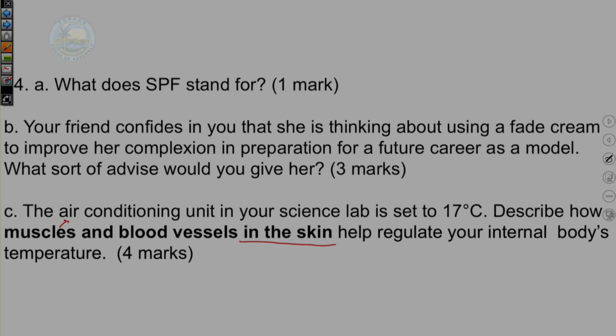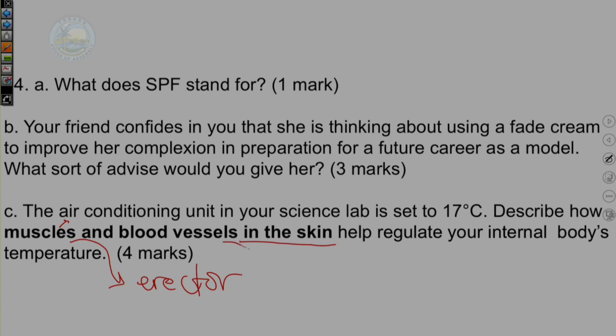So the muscle in your skin in this instance would be your erector muscle, and we know that that erector muscle will contract and it's going to make the hairs on your skin stand up to help with the insulating effect to keep that heat within your body.